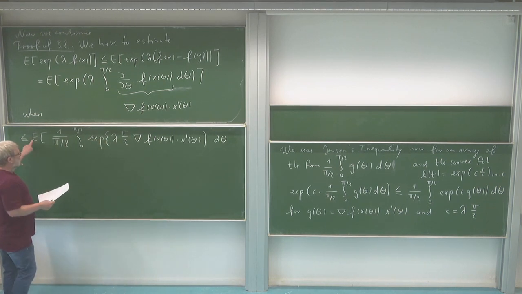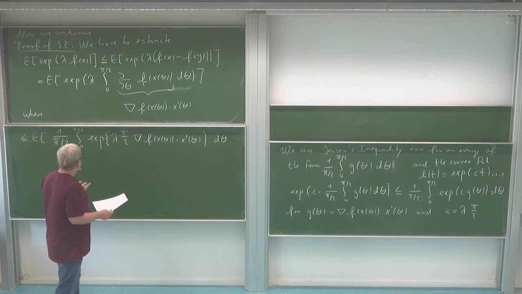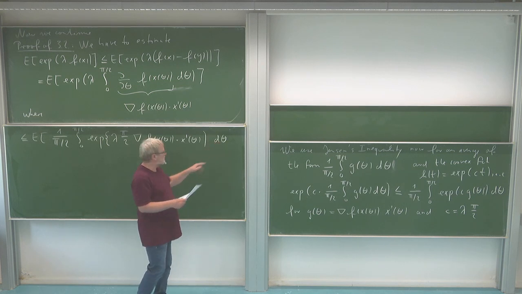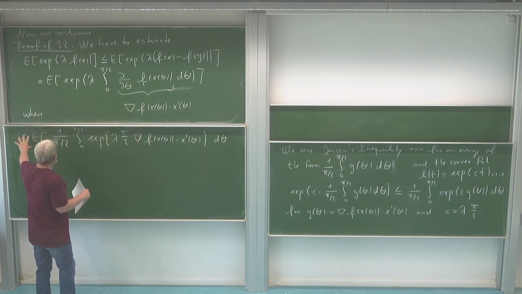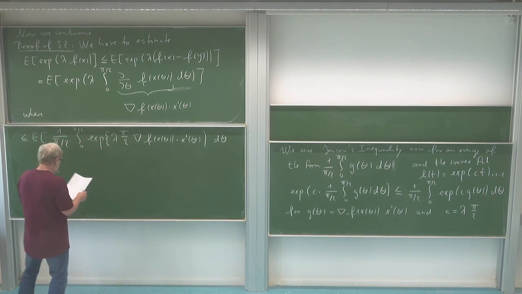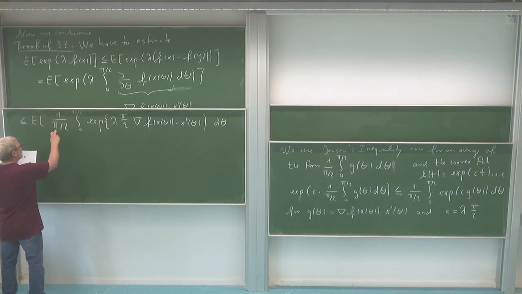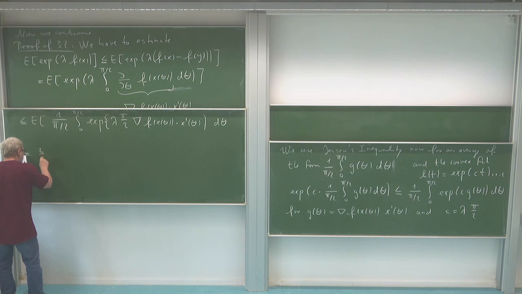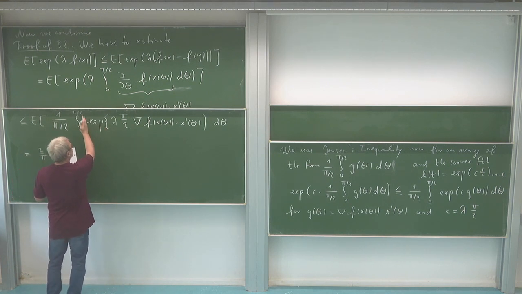Now, of course, this expectation applies to my random variables. So this has nothing to do with theta. I can bring this out, and this expectation and the integral also commute, because everything is linear. So this is the same as 1 over pi over 2, or 2 over pi, and then I have the integral from 0 to pi over 2, and now the expectation goes up to this point here.